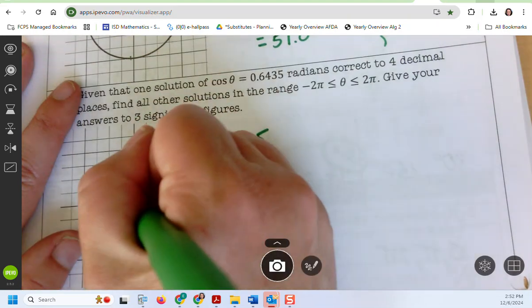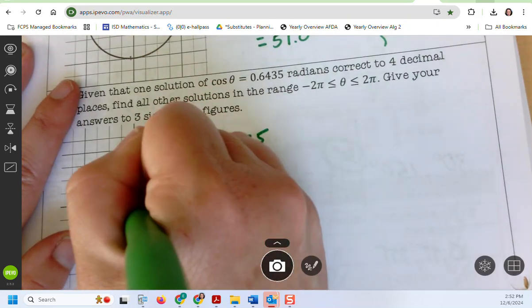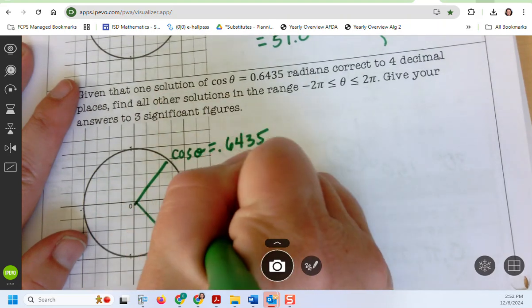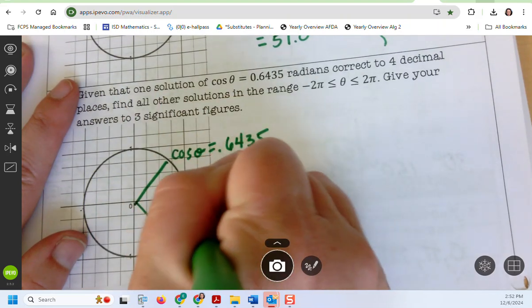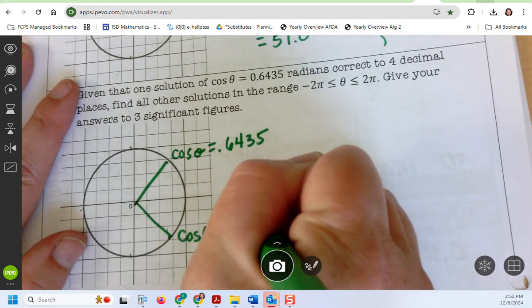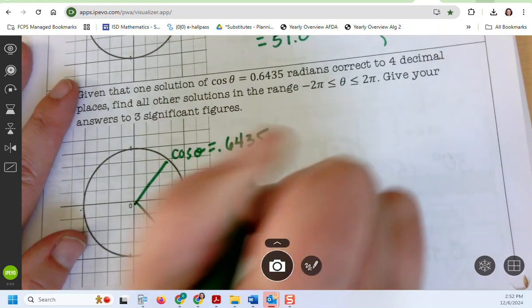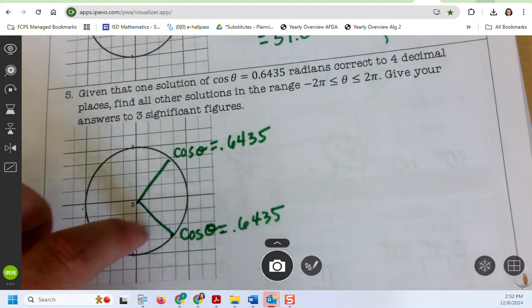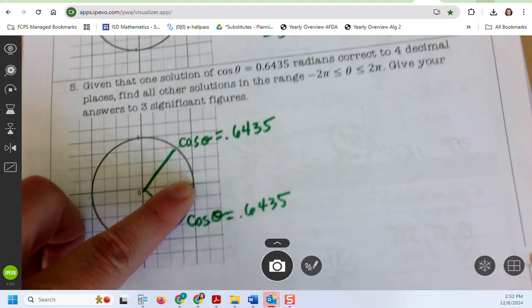So if we reflect this one down here, the cosine here is also going to be, cosine theta is going to be 0.6435. So between 0 and 2 pi, there exist 2 angles that have this cosine, okay?